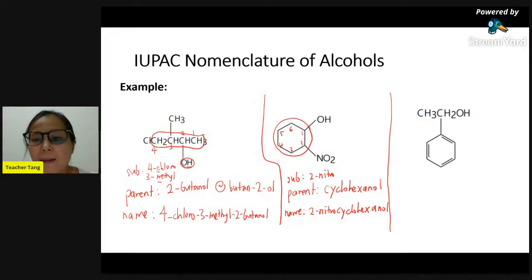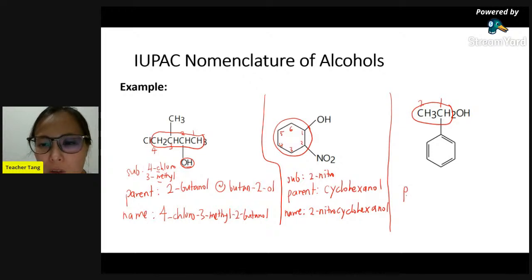So the third example, this is our parent. Again, the carbon where the hydroxyl group is attached is number 1. So this is number 2. So this parent is called ethanol.